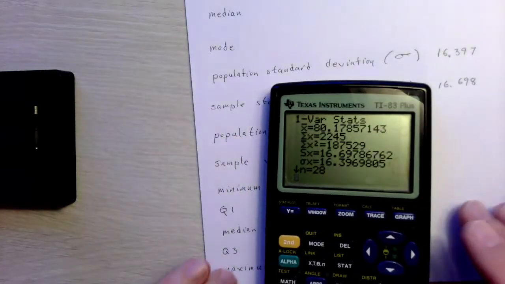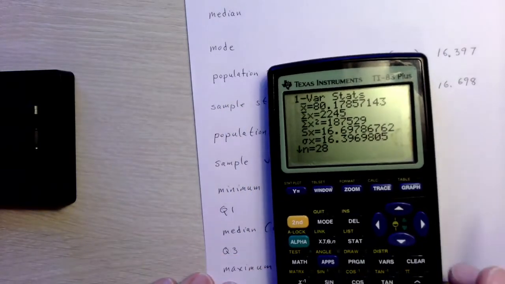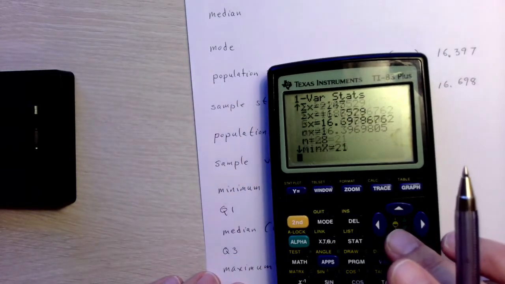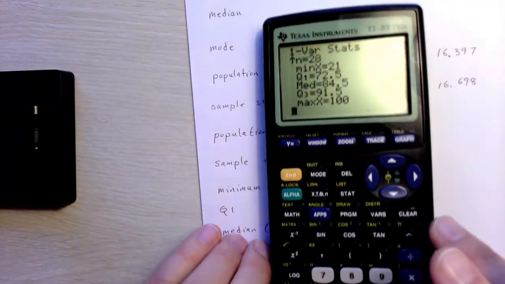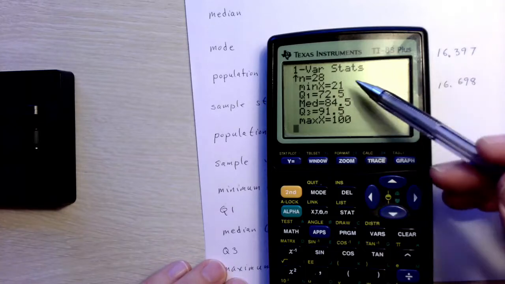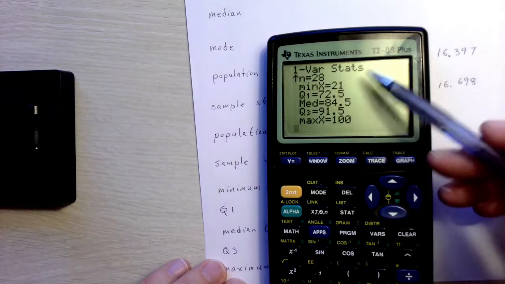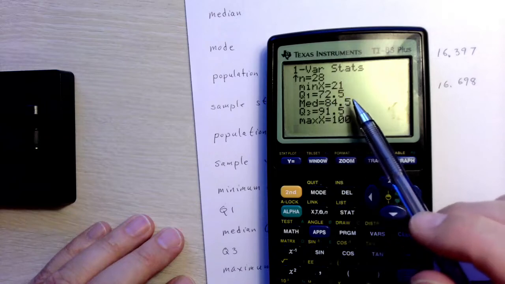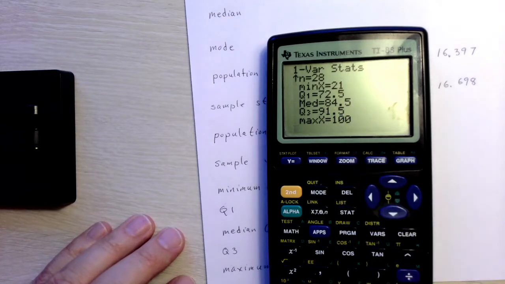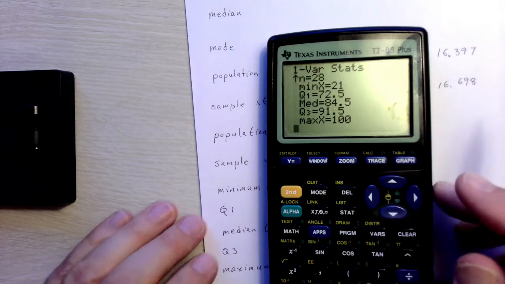To find the minimum, and basically the 5-number summary, we scroll down here, and we see the 5-number summary. The minimum is 21. The first quartile is 72.5. The median is 84.5. The third quartile is 91.5, and the maximum is 100.